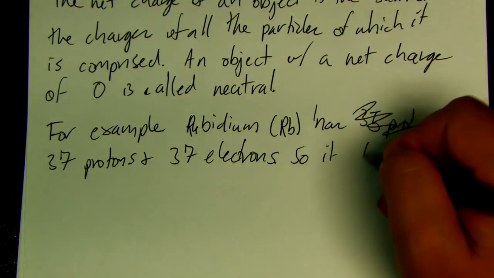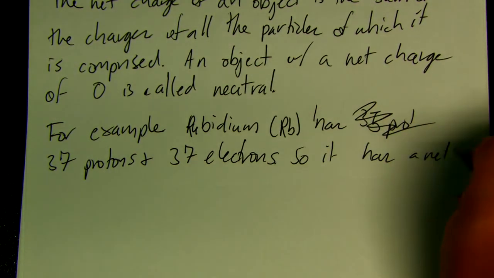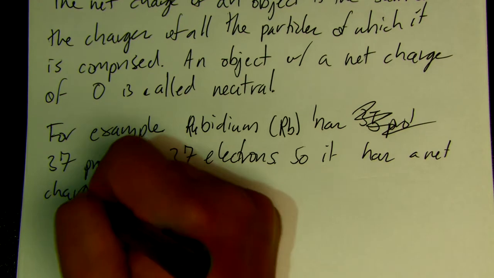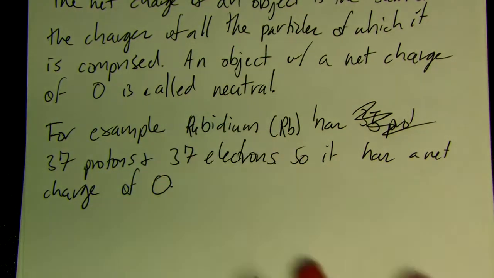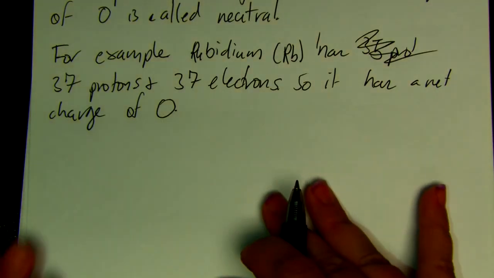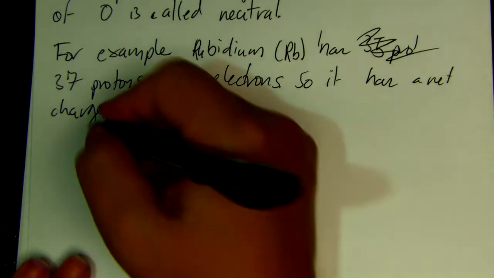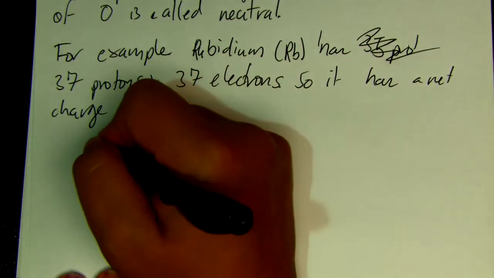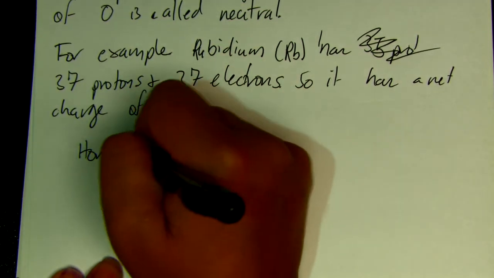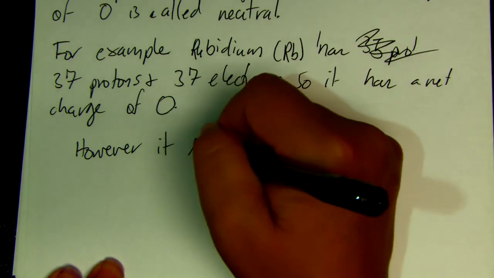So it has a net charge of 0. But notice, it is not an uncharged object, it is a neutral charged object. However, it can lose an electron.